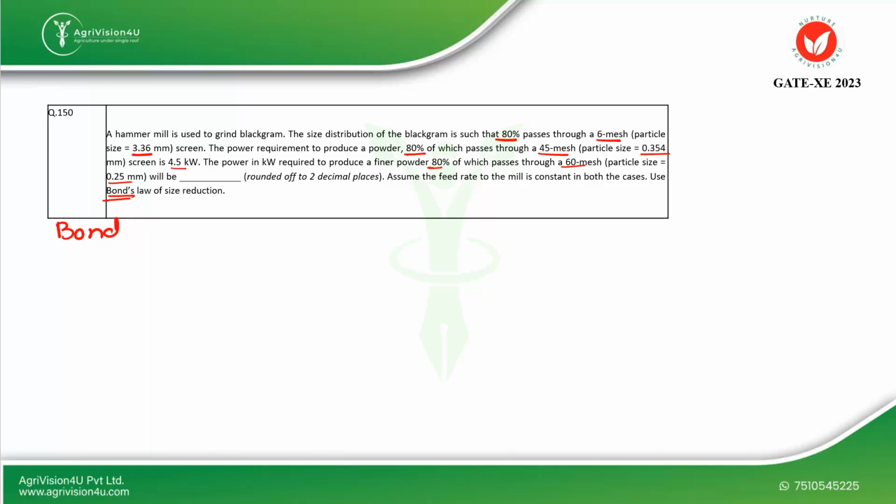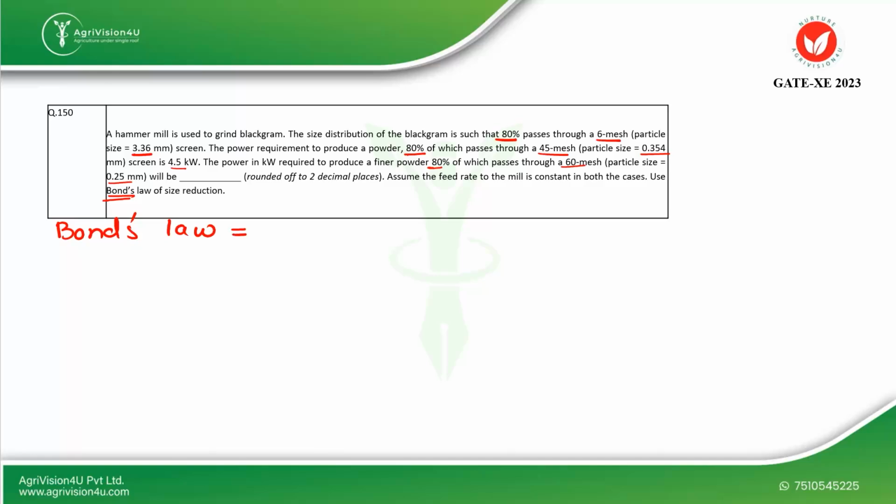So what is Bond's law? Bond's law states that the energy required to reduce the particles to a certain size is proportional to the square root of the surface to volume ratio of the product.